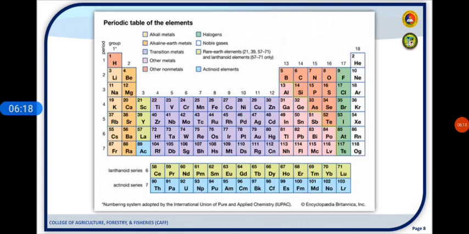So again, let me just repeat. The elements that are in a column, you call those groups, and those groups are alkali metals, alkaline earth metals, transition metals, metals and nonmetals, and we have halogens, noble gases, rare earth metals, and actinoid elements. And the elements in a horizontal row, that's what you call the period.